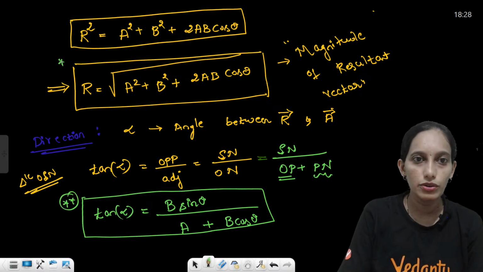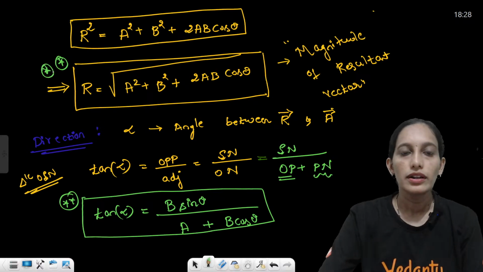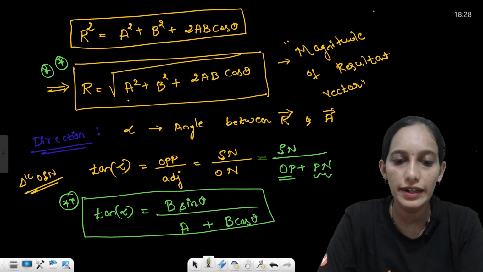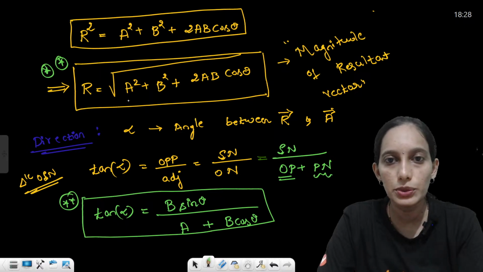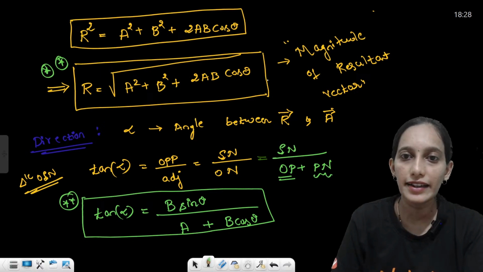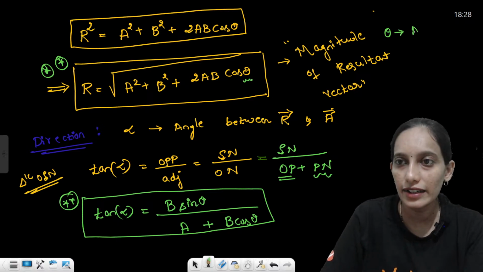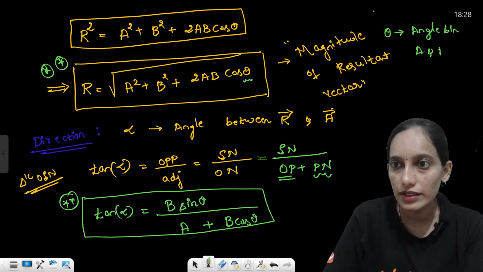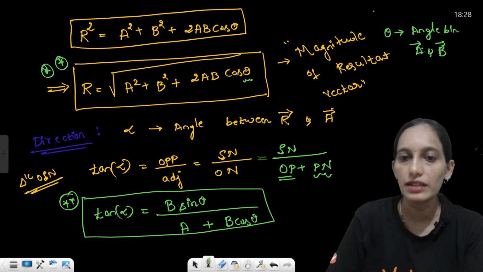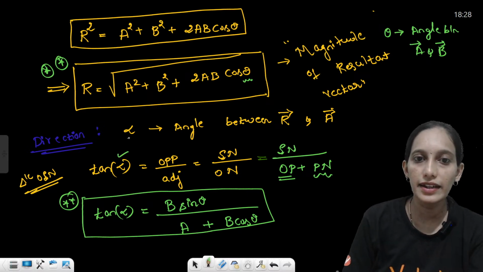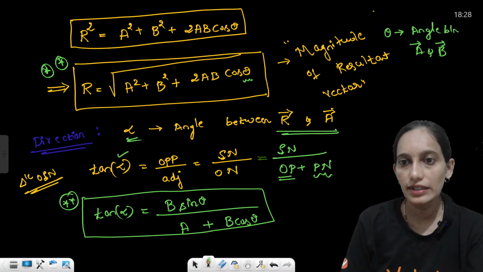These two formulas are important for you. The resultant magnitude formula is the square root of a square plus b square plus 2ab cos theta, where theta is the angle between vector a and vector b, whereas alpha is the angle between the resultant and the a vector.